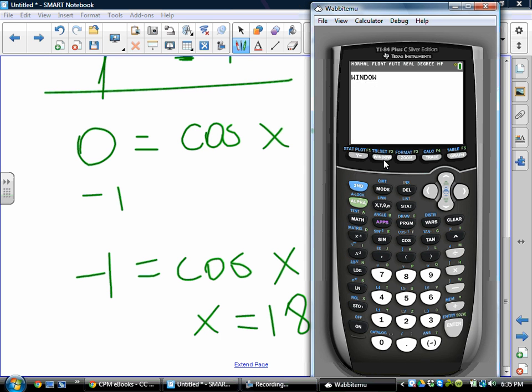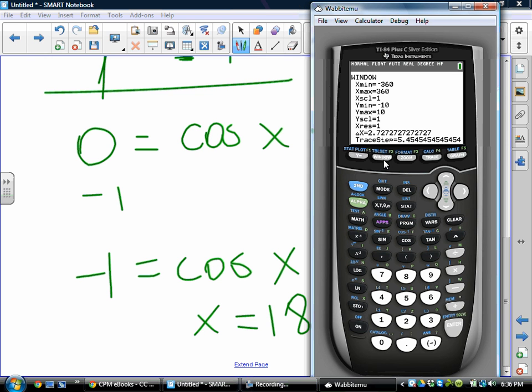So I'm going to go into window, and I changed my window settings, the minimum for x to be -360 and the maximum for x to be +360. That's zoomed out really far in the horizontal direction, but if you don't do this, you won't really see what the graph looks like.